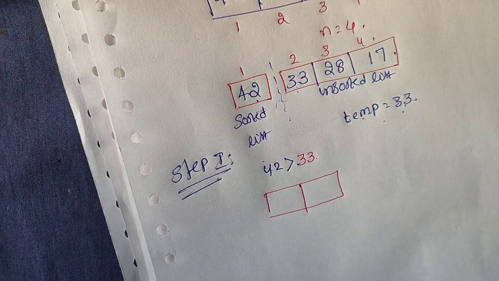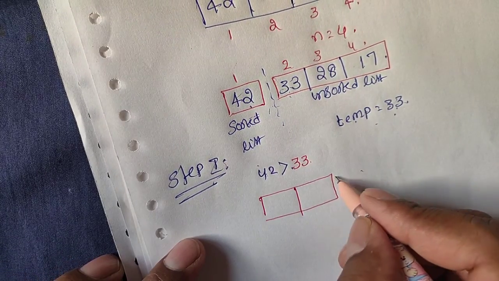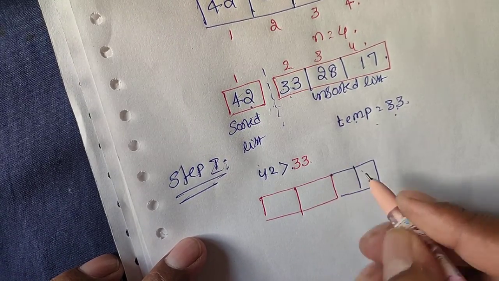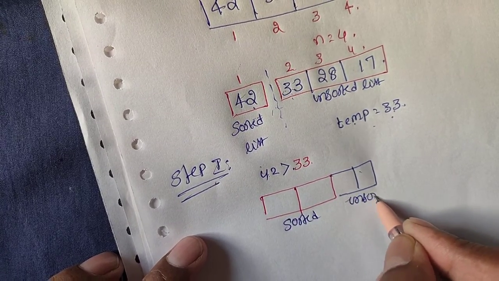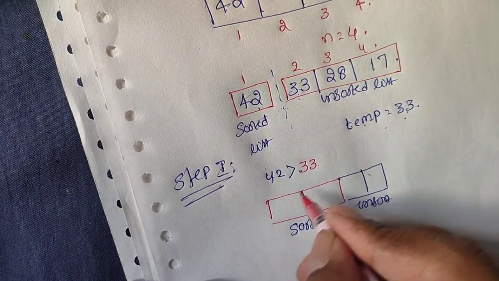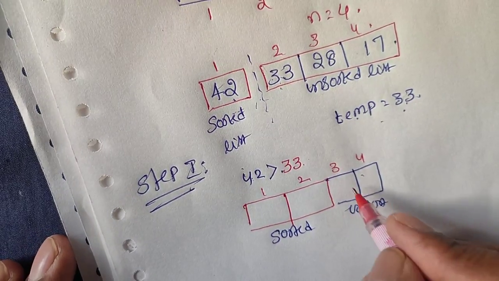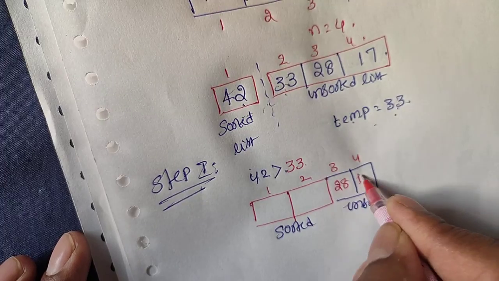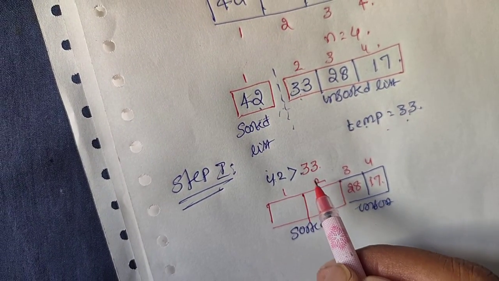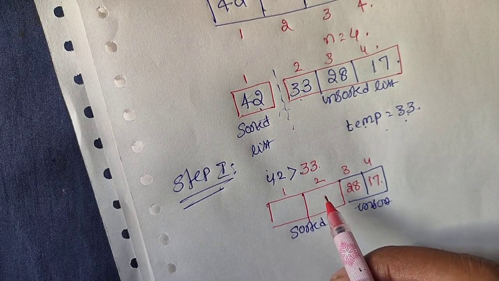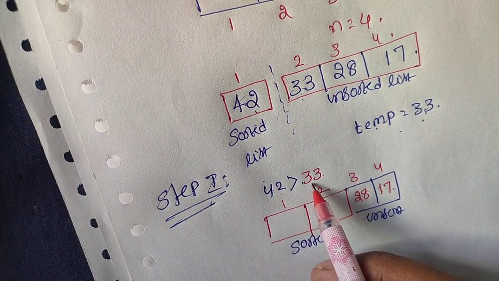This is the sorted list and this is the unsorted list. We don't think about the third and fourth elements, so I put it like this. The temporary variable is now blocked, and 42 is greater than 33.